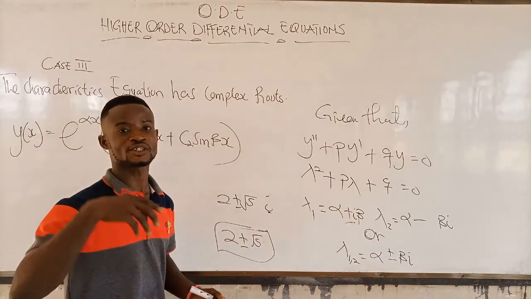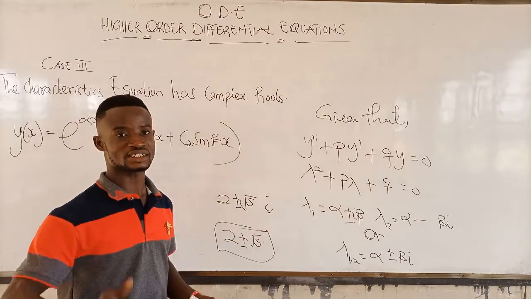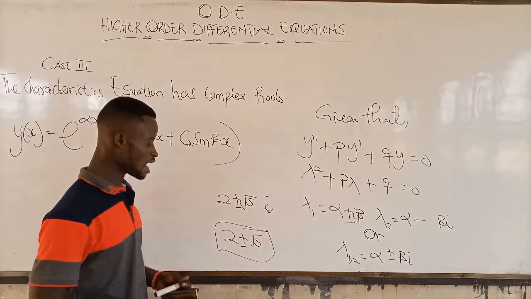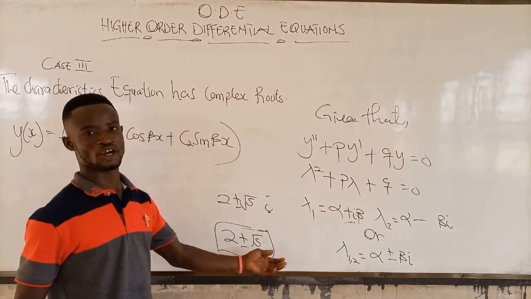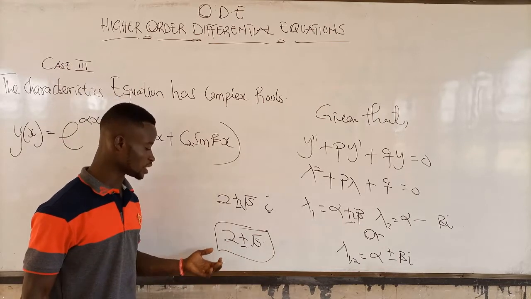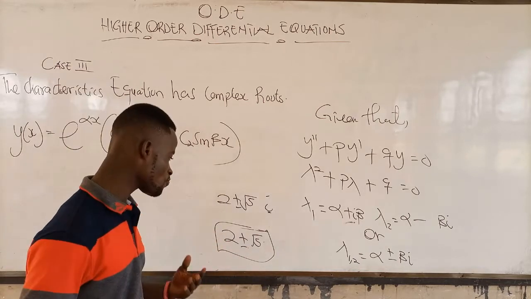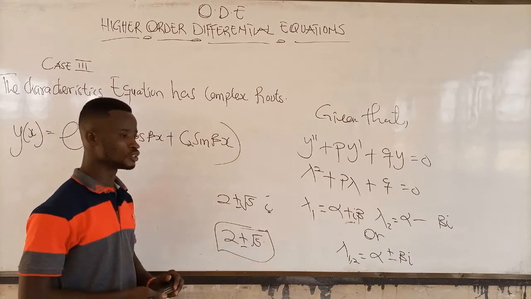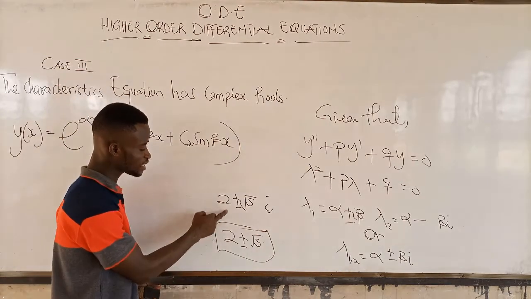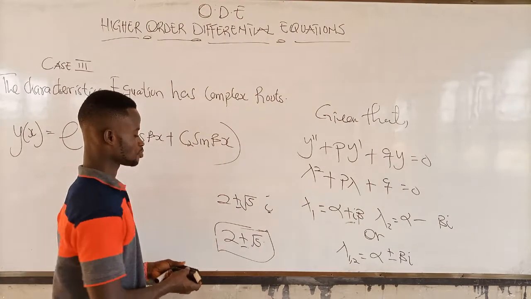It's just a distinct root, because lambda 1 is 2 plus square root of 5 and lambda 2 is 2 minus square root of 5. So please be careful to differentiate between these. They are not the same.